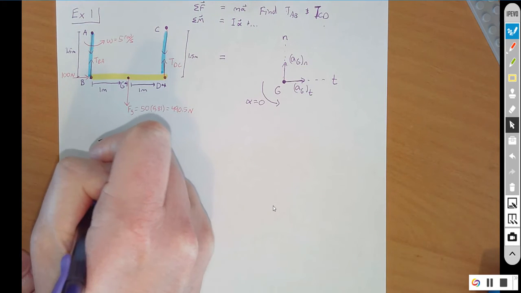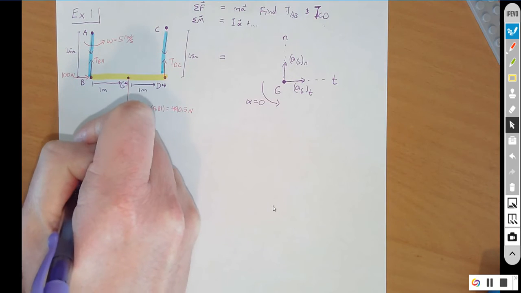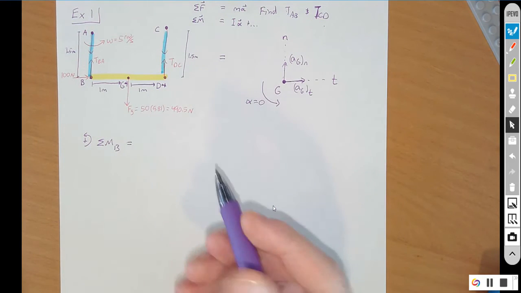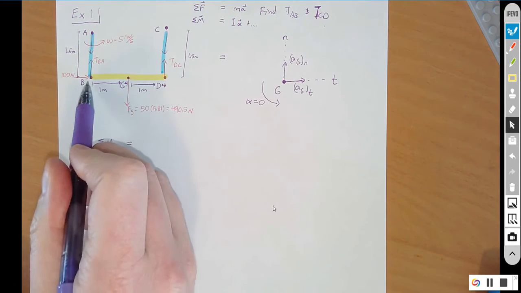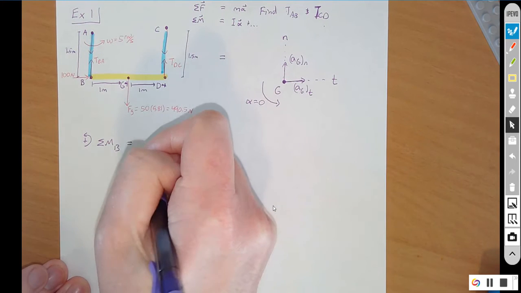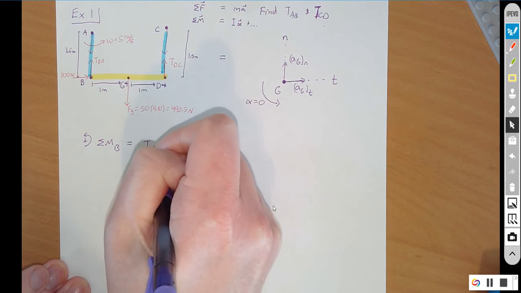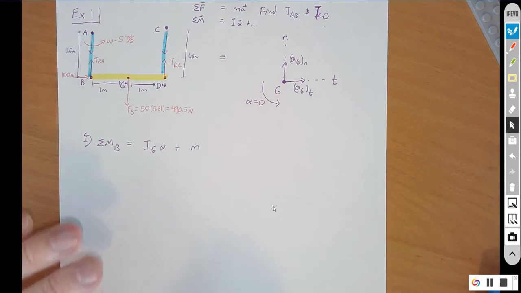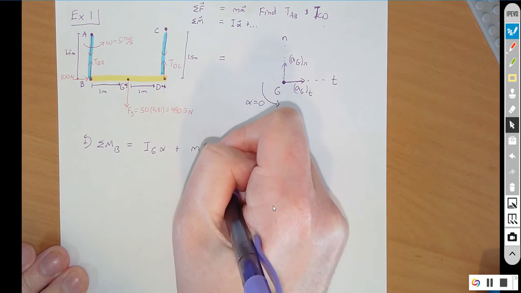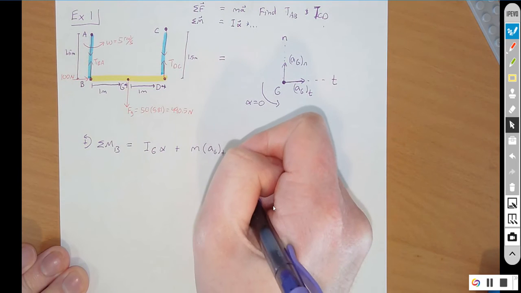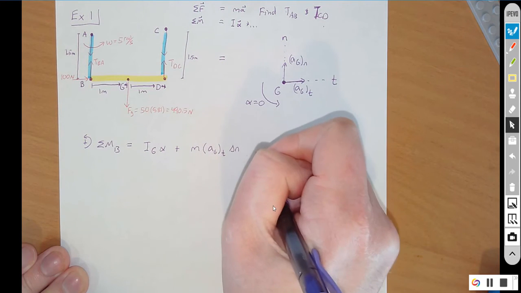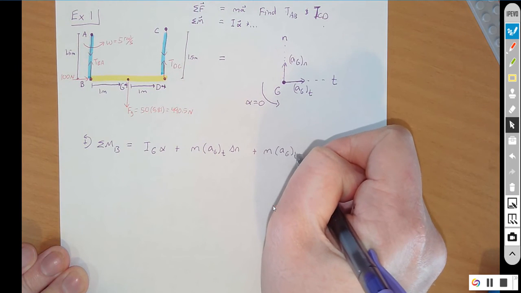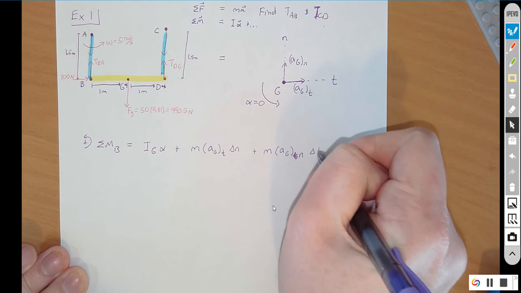I'm going to do this about B, but you could just as easily do this about point D. So sum of moments about point B, I will assume right-hand rule positive. This is going to be equal to, because I didn't choose center of gravity or a fixed point, and because B is going to move, it has a velocity, I'm going to get IG alpha plus mass times AG tangential delta normal plus mass AG normal delta tangential.